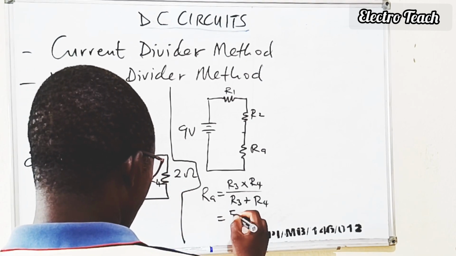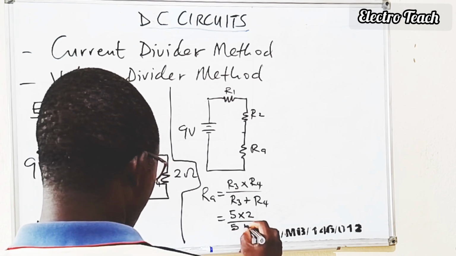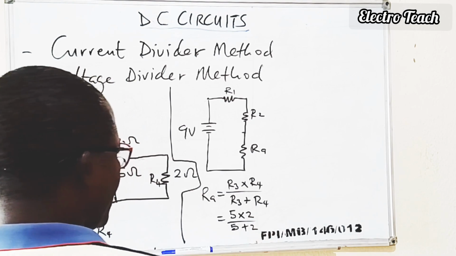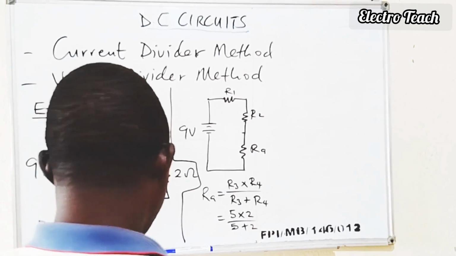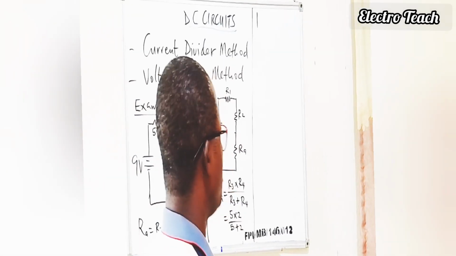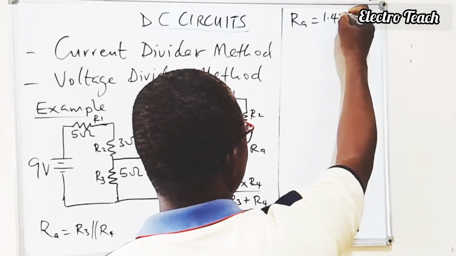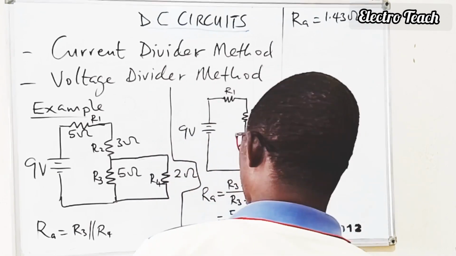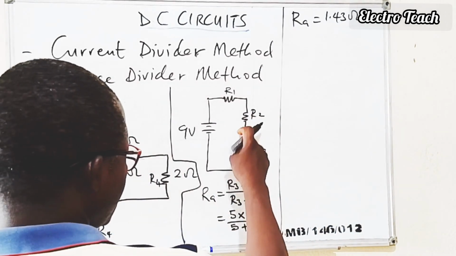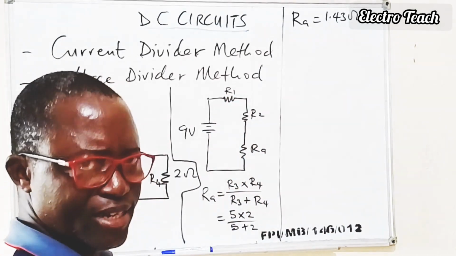That is 5 times 2 divided by 5 plus 2. This is 10 divided by 7, the value is 1.43 ohms. RA equals 1.43 ohms. Now we can see that resistor R2, RA, and R1, they are all in series.